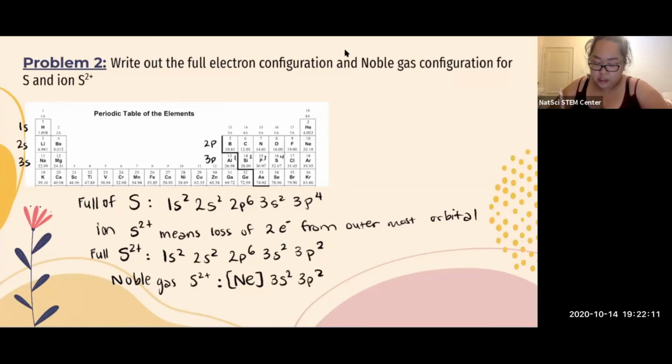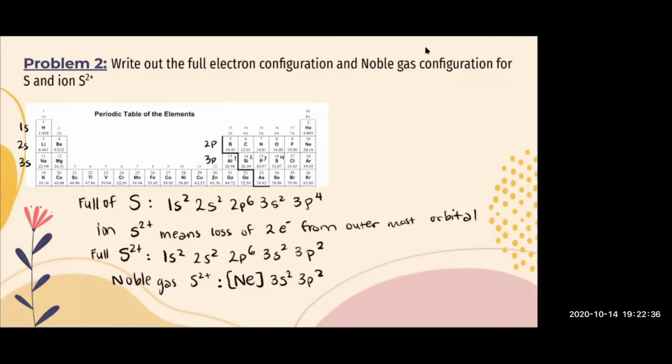So your configuration changes from 3p4 to 3p2, and that falls into the noble gas configuration as well. Any questions? No? Okay, we'll go on to the next one.